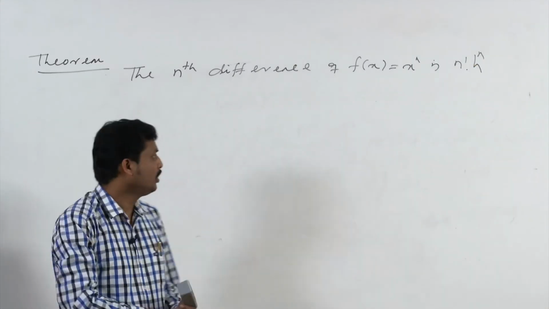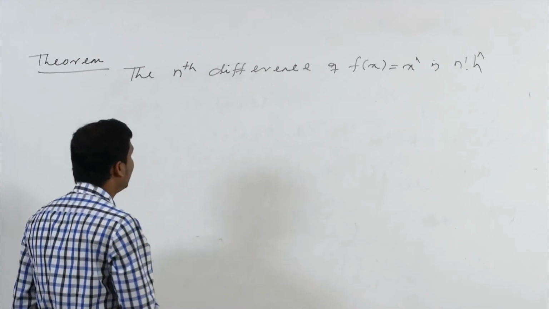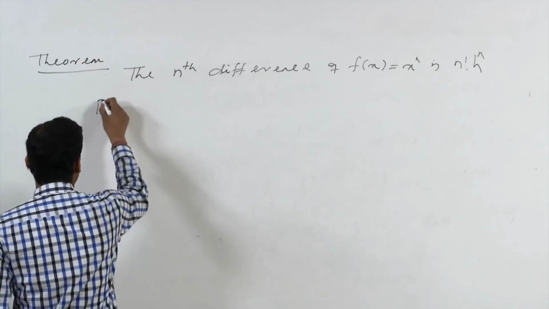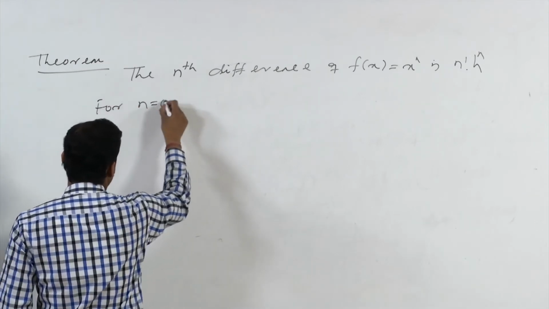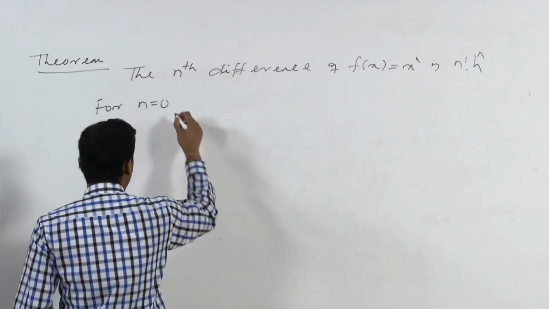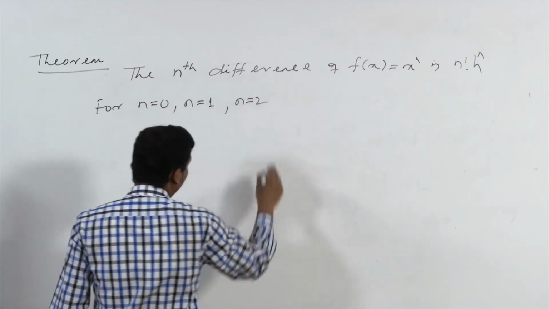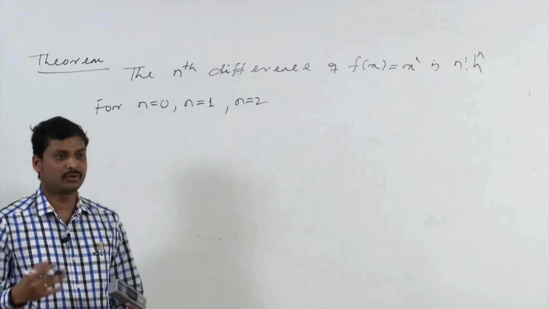We can prove this theorem by induction. For n equals 0 we have already satisfied it, for n equals 1 we have satisfied it, and n equals 2 in the previous case we have already shown.